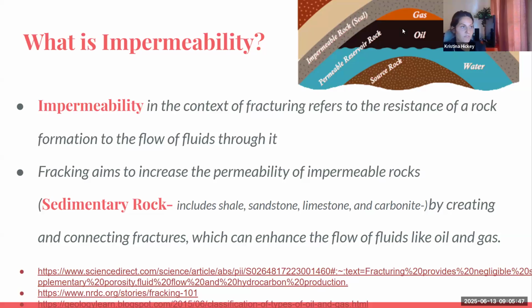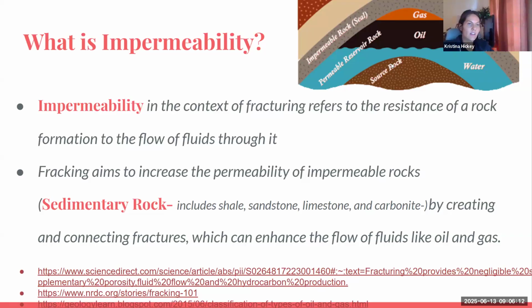The scientific term is flux. And the whole purpose of fracking is to increase the permeability of these rocks. You could have shale, sandstone, limestone, carbonate, whatever you want to call these sedimentary rocks. And so you are basically creating and connecting the fractures, and then enhancing that oil.